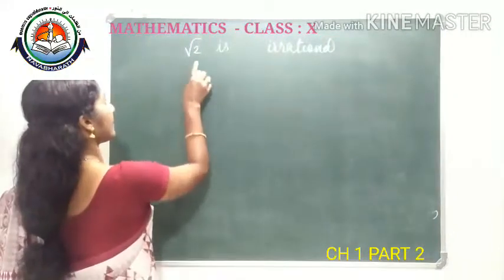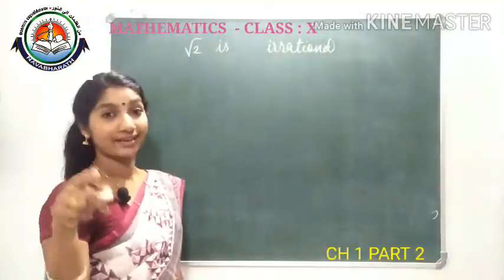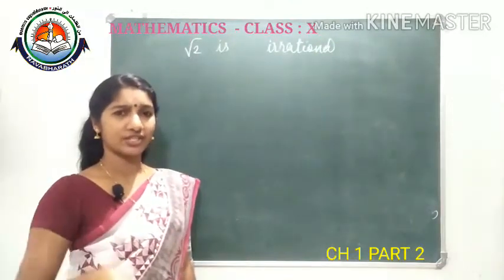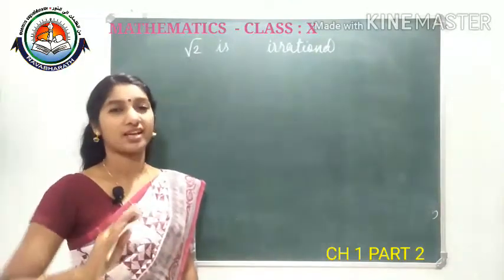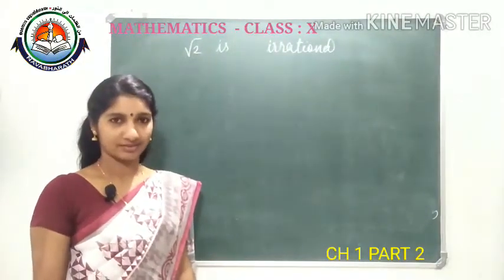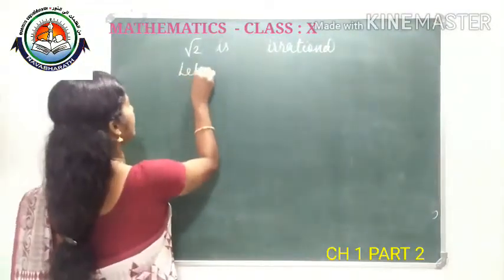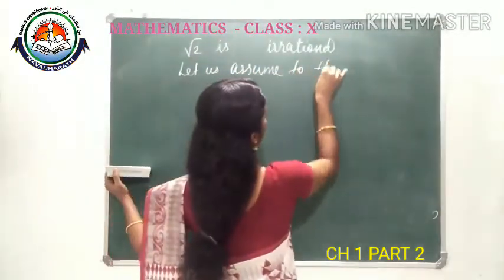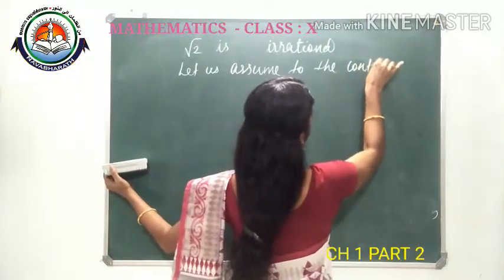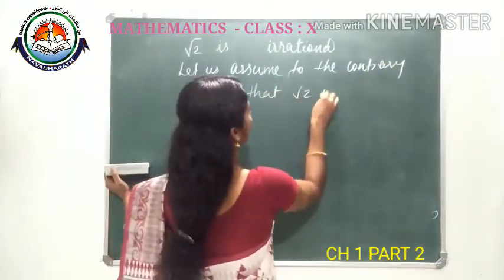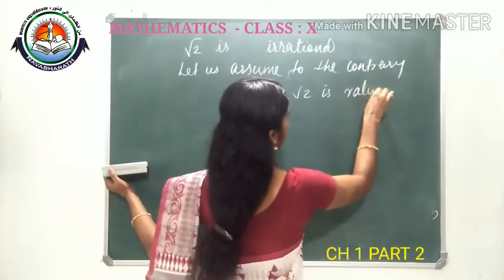See, actually we need to prove root 2 is irrational number. Its contradiction, what is its contradiction? Root 2 is rational number. So let us assume to the contrary that root 2 is rational.